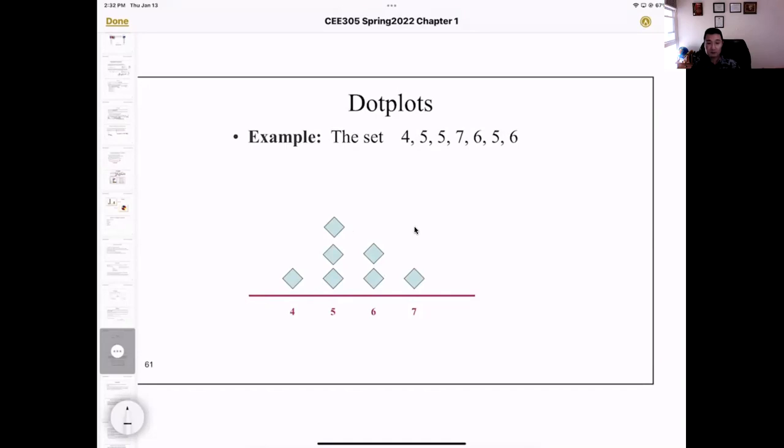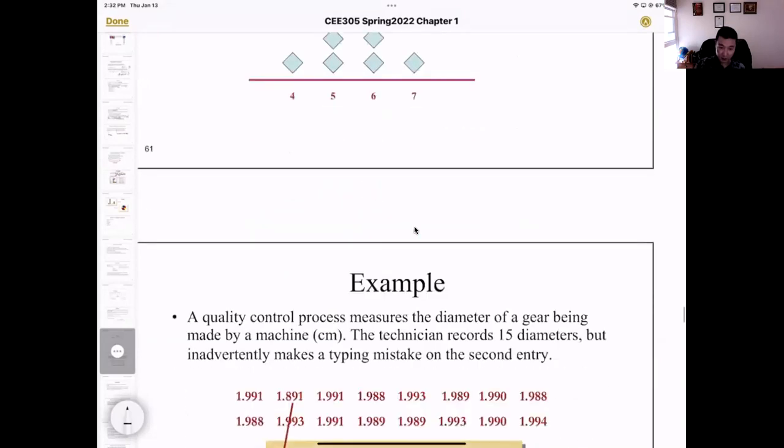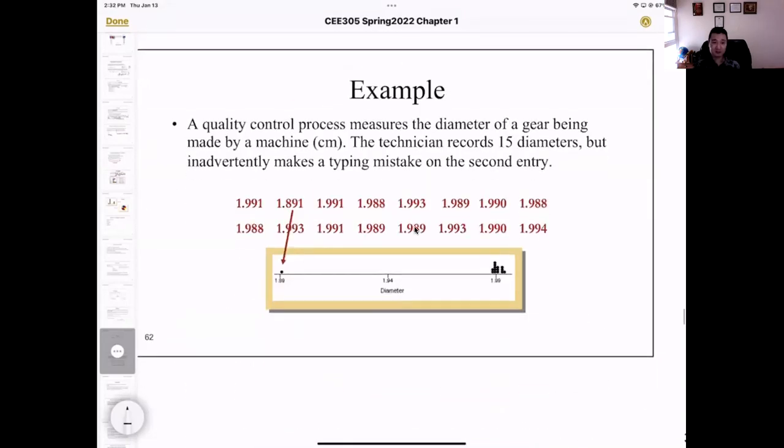This is another example of a dot plot. Take a quality control process: measure the diameter of a gear, with the diameter in centimeters. I have 15 measurements, but one of the measurements has a typing mistake. As we can see in the dot plot, the other 14 data points are around 1.99.